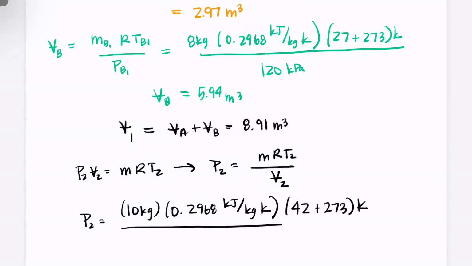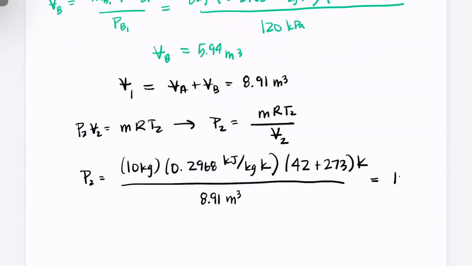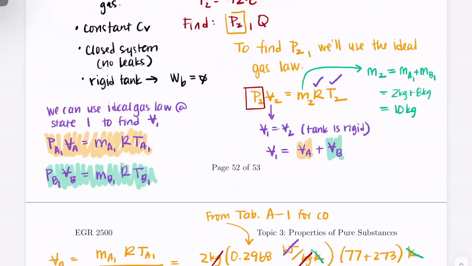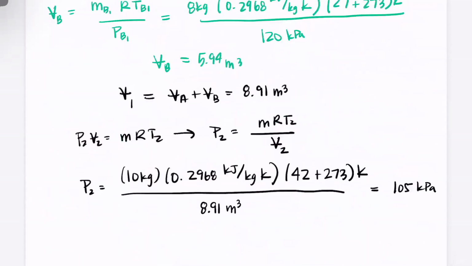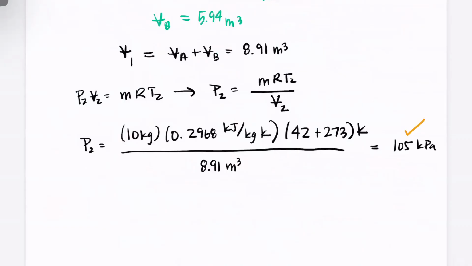And then we're dividing by our V2, which is 8.91 meters cubed, which gives us 105 kPa. All right, so we have solved one of these. So this is P2. So we've solved that part. Now we want to find Q.